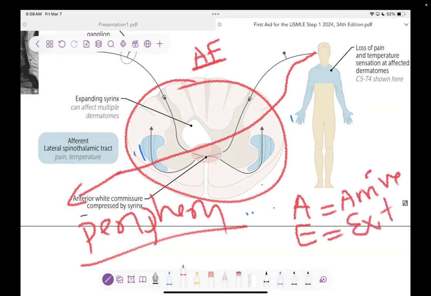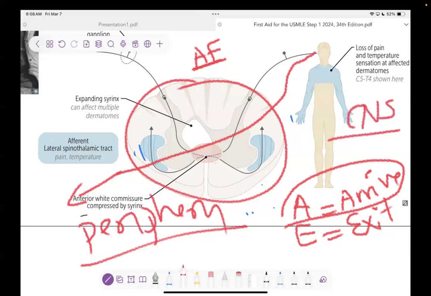Most of the time when I was studying, I used to be confused about what arrives and what exits. So whenever you see afferent in each system, just remember which part of that system is the main organ. Like whenever you are in neurology, you know that the CNS is the main part.